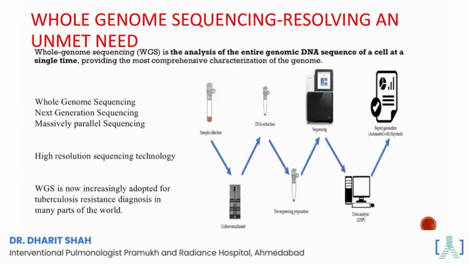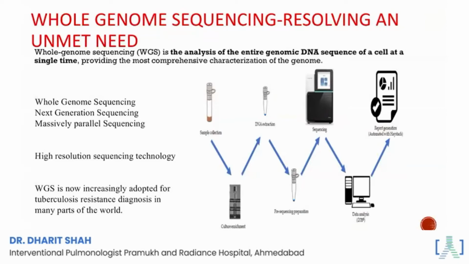In the diagram, you can see that from the sample collection, if the sample has 100 nanogram of DNA, it will go directly to the DNA extraction. But if there is no specific DNA or a lesser amount of DNA in the sputum, we can enrich the culture, so it will take time.